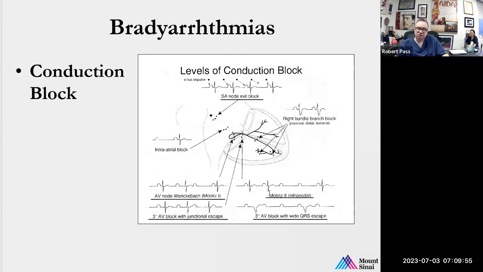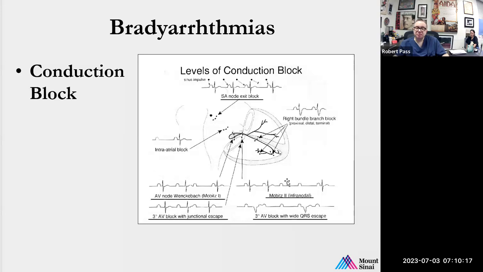In Mobitz 2 second degree heart block, we have P waves that are conducting with a normal PR, and then all of a sudden you'll see a non-conducted P wave or two. Sometimes people will call this high-grade block. It's usually due to injury to the His-Purkinje system, not to the AV node, though there's overlap between the two.